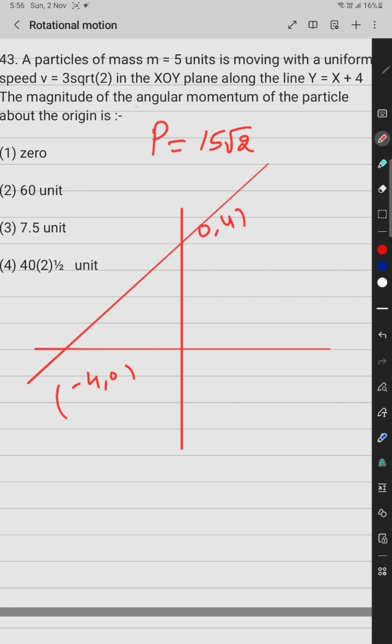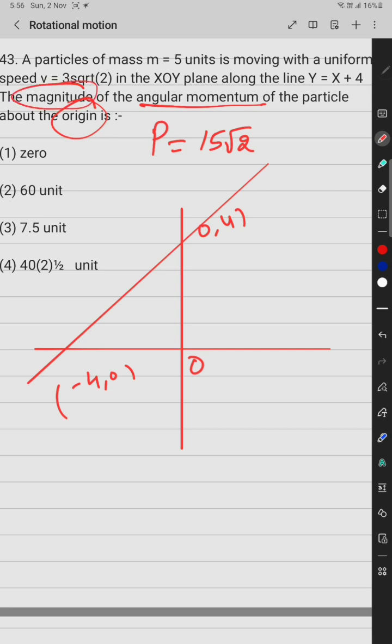We want to find the angular momentum of the particle about the origin. Whether the particle is moving upward or downward, we want to find only the magnitude.